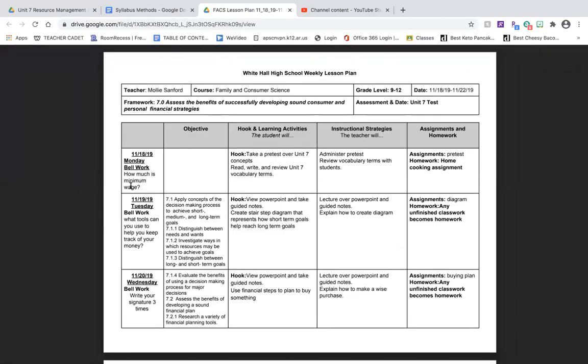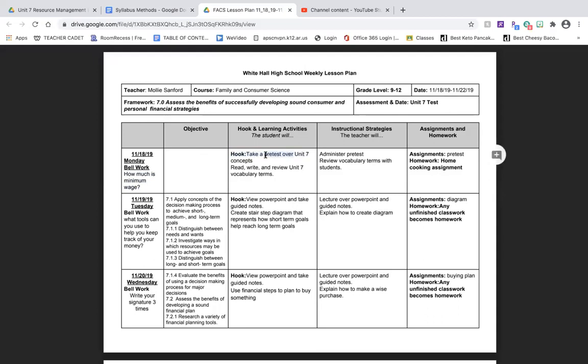So you'll see right here's my bell work. This is my bell ringer question that I ask them, and I usually have that up on the board. So I have a bell ringer question every day. Then you put your objective here. There's no objective here because this first day, when we start a new unit, I have them take a pre-test.